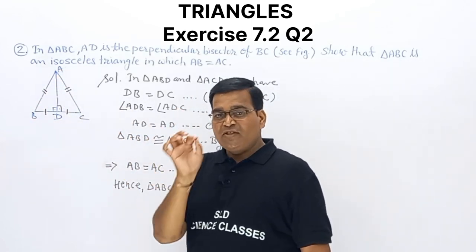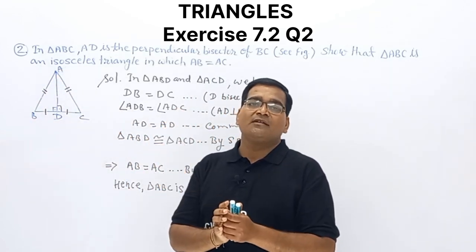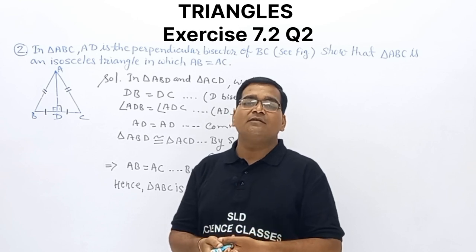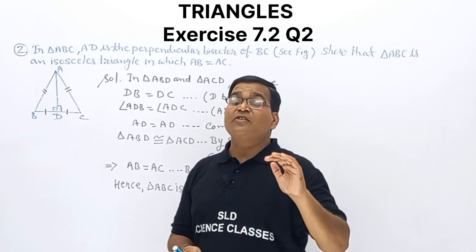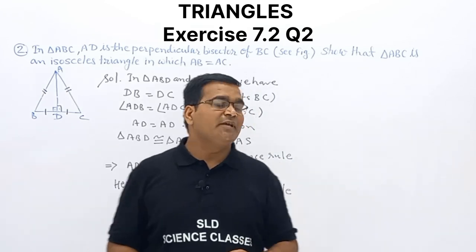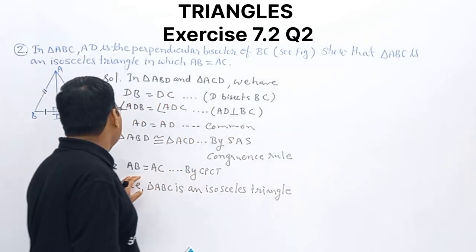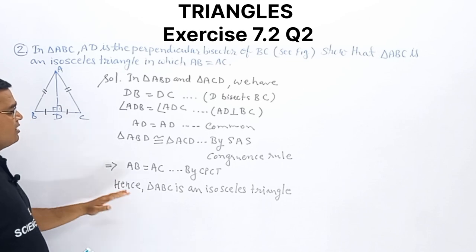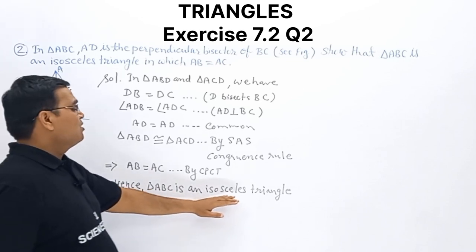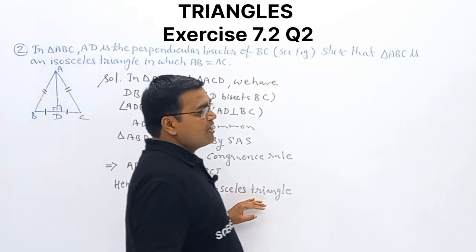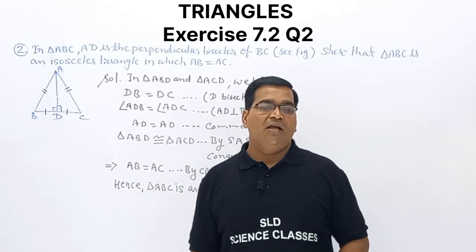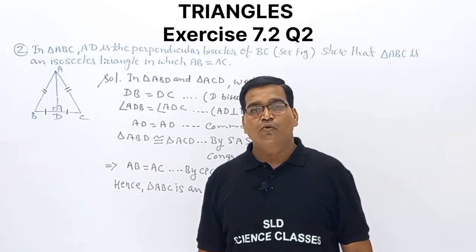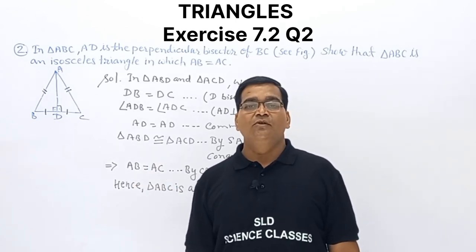Why? Once these two triangles are congruent, by the definition of congruence, corresponding parts of these two triangles will be equal. So by CPCT we can say AB equals AC. Hence triangle ABC is an isosceles triangle. This is what we wanted to prove. We proved this. I hope you understand this question. That's all about this question. Thank you so much.